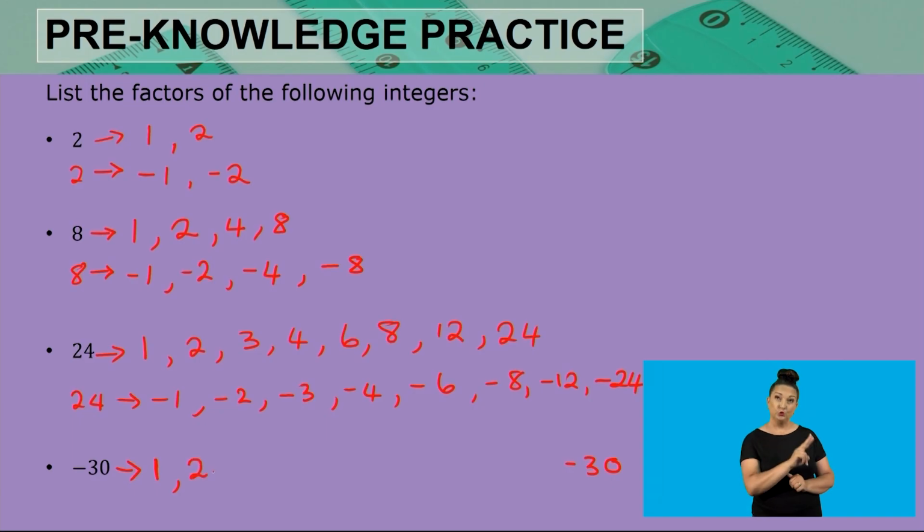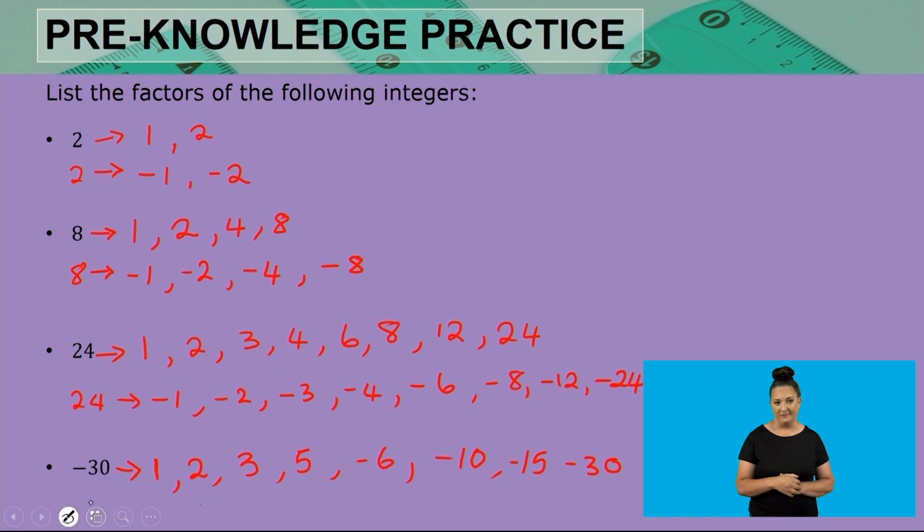And if I say 2 multiplied by a negative 15, that is going to give us there a negative 30. We can also say a 3 multiplied by a negative 10. That is also going to give us a negative 30. And we can say there a 5 multiplied by a negative 6. That is going to give us a negative 30.